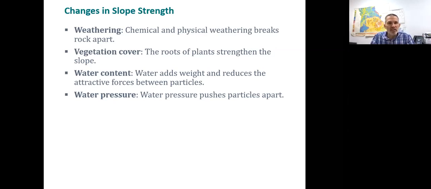If you've ever tried to stop in mud or run in a muddy environment, you've experienced the decrease in soil cohesion associated with clay and water. And water pressure itself, the weight of the overlying water, can push those particles apart.